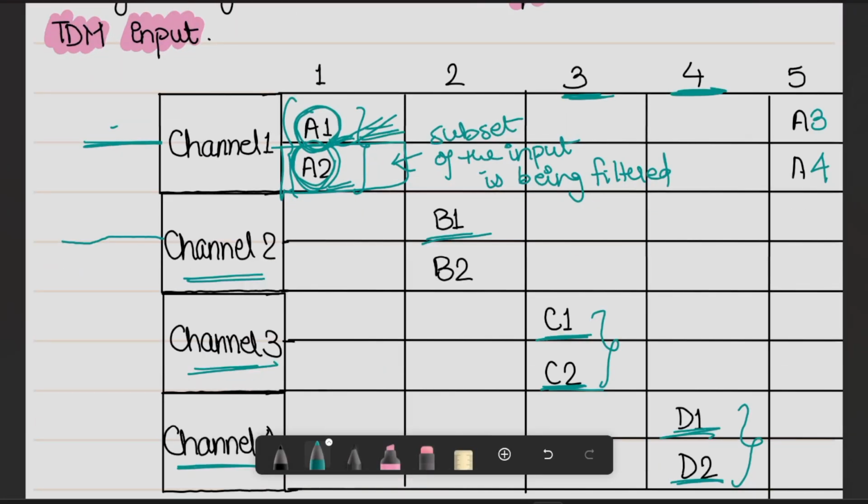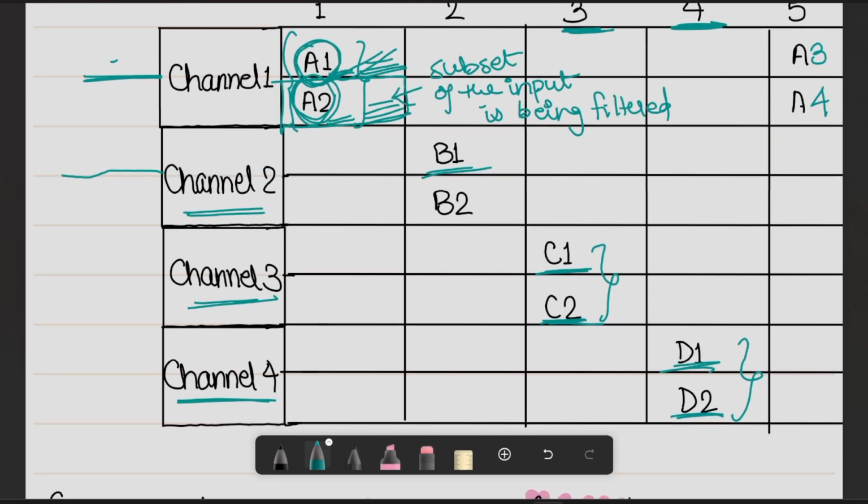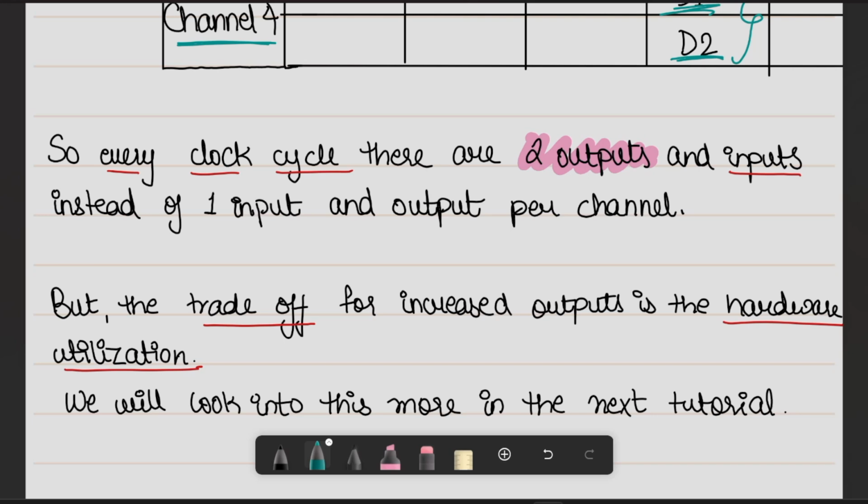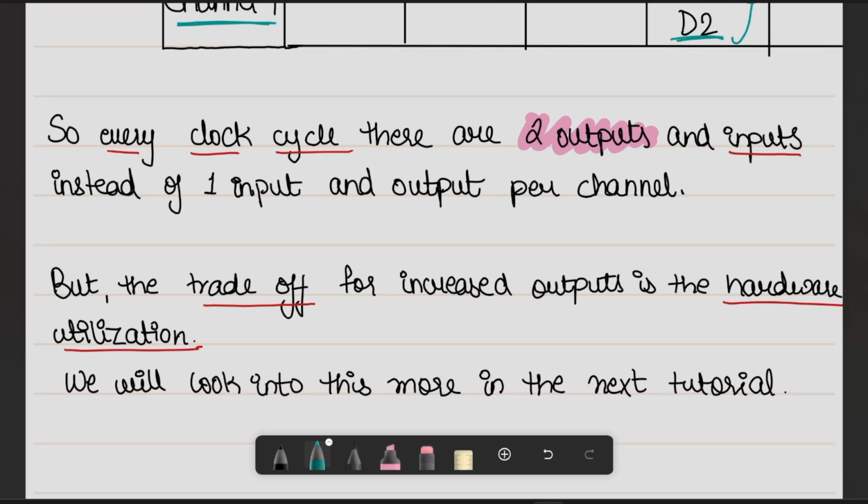These paths where A1 and A2 are being processed occur simultaneously. So at every clock cycle, instead of one input and one output, I now have two outputs, but I also need to give now two inputs.